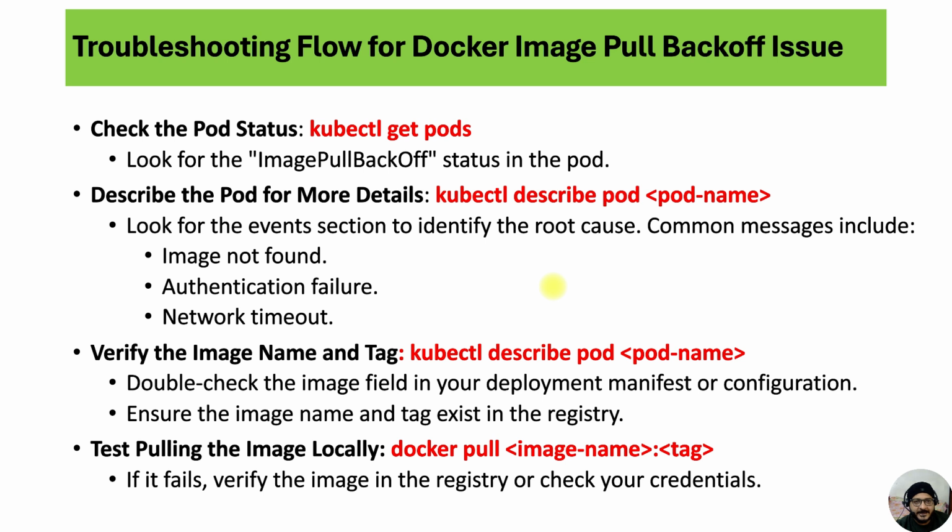Another thing you can check is the image name and tags. For that you run the same command, kubectl describe pod. In this second step itself you can check all these things: image not found, authentication failure, network timeout, image name and image tags.